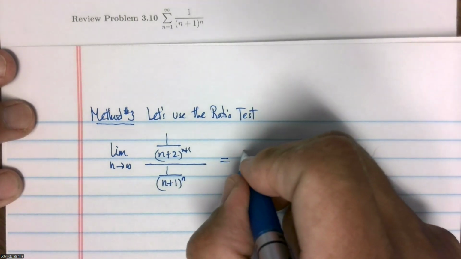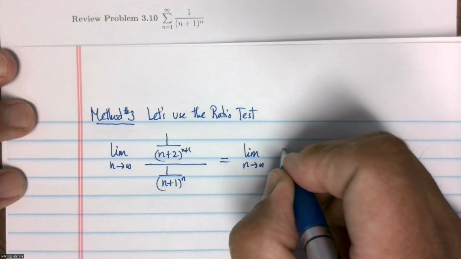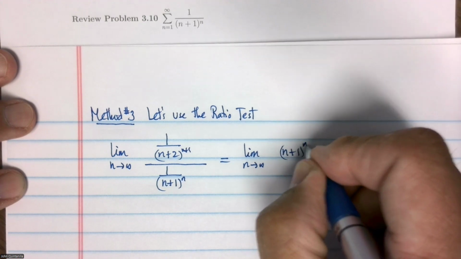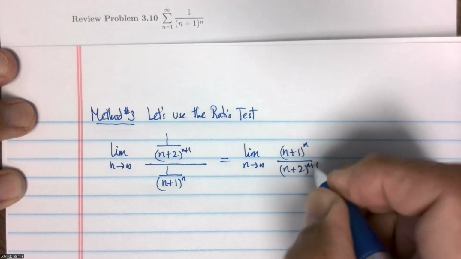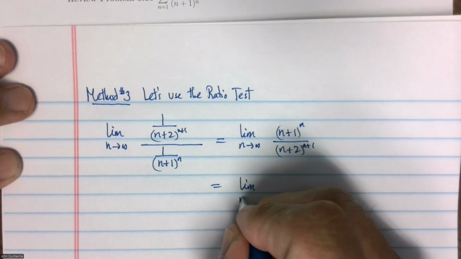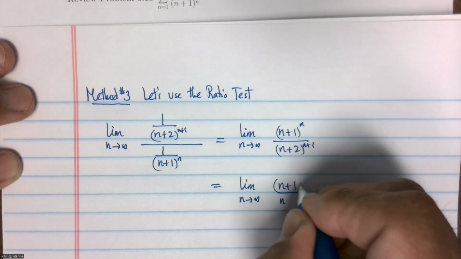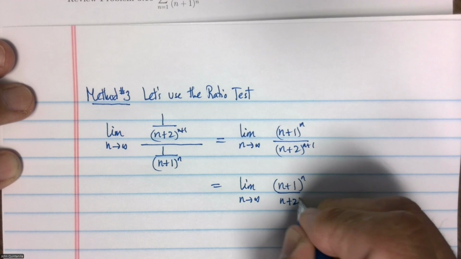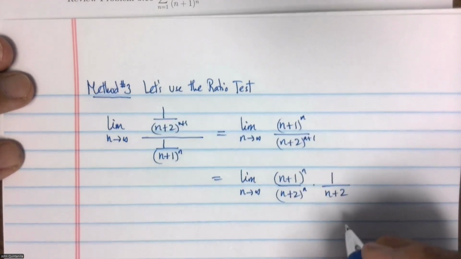Okay, now that's a bit of a mess. Limit as n approaches infinity of (n plus 1) to the n over (n plus 2) to the n plus 1. Okay, let's rewrite the fraction as (n plus 1) to the n over (n plus 2) to the n, times an extra 1 over n plus 2.